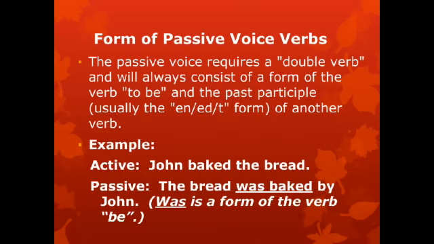If you see in the previous slide, we have an active voice sentence stating that John baked the bread. In the passive voice, we say the bread was baked by John. Here was is a linking verb. So we are using two verbs together: was is also a verb and baked is also a verb. We use two verbs together to make the passive voice sentence.